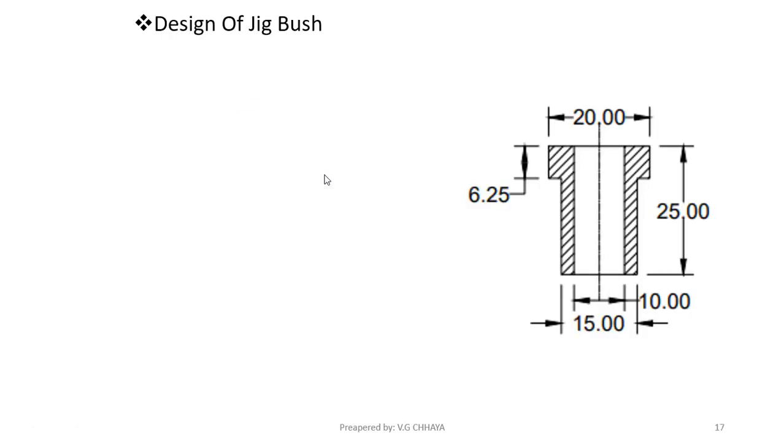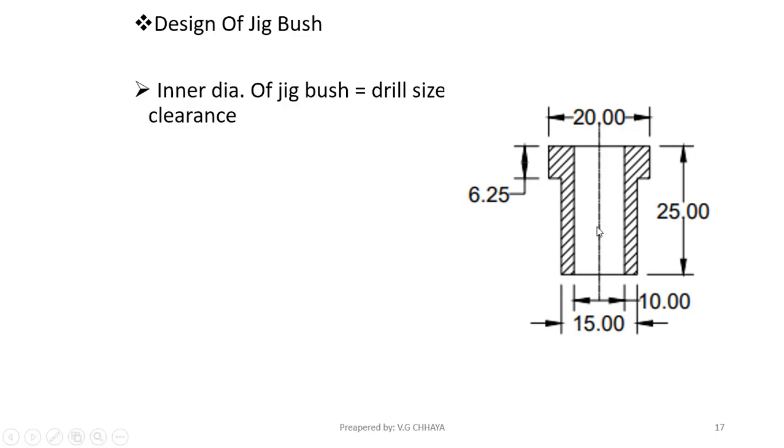To design the jig bush, first we need to find the inner diameter of the jig bush. The equation of inner diameter of jig bush equals drill size plus clearance.